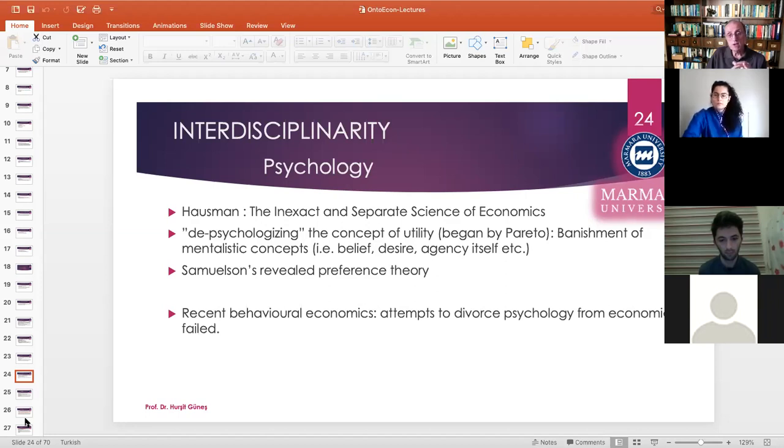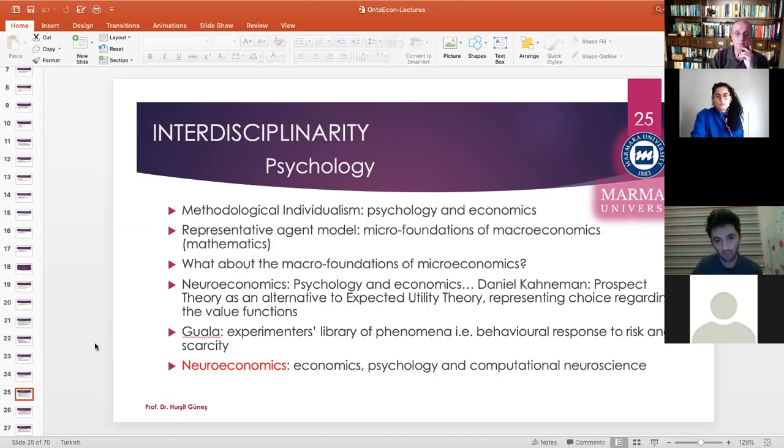Now, the recent behavioral economics made a big contribution to economics, showing that attempts to divorce economics and psychology should fail. They made economics more interrelated to psychology. And indeed, the Nobel Prizes were given to such people who did a lot of behavioral studies or experimental studies in economics.